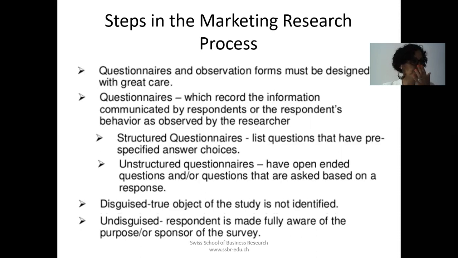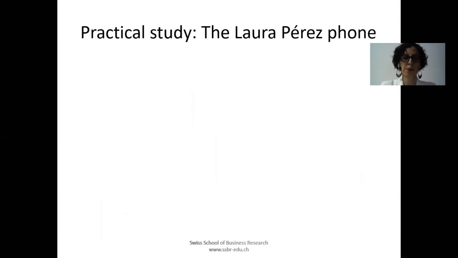For example, this can make us think of medical studies where the participants know what is being studied and who is the company behind that clinical study, but they don't know what they're being given. One is being given the placebo, one is being given the actual medication. But it is undisguised. The participants know who is carrying out that study.